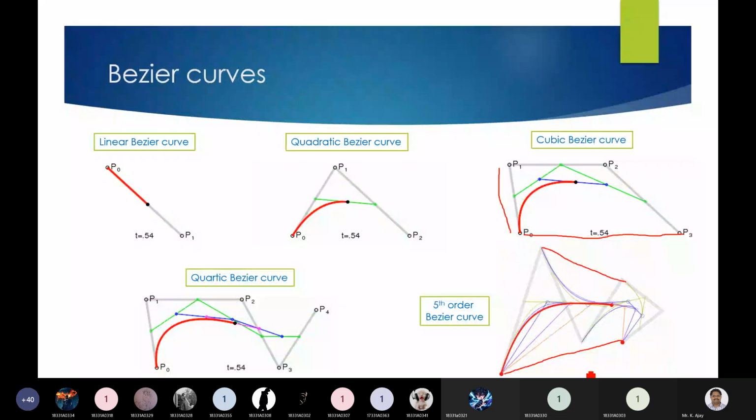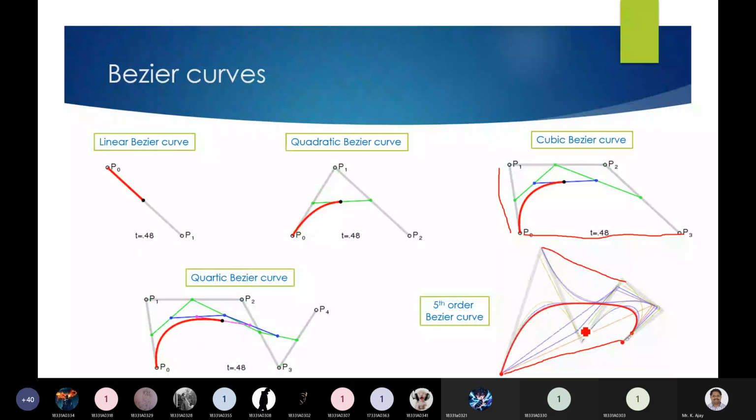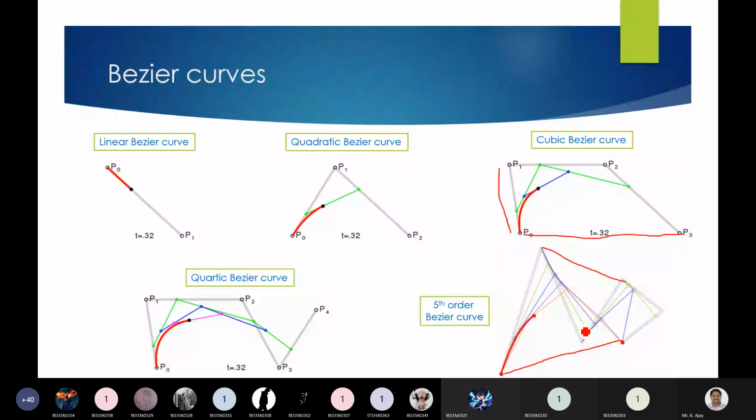So by imagining all the extreme points joined, the entire curve comes within that Bezier polygon. Is this clear to you? So always, it never goes out of the Bezier polygon. The curve always lies within the Bezier polygon.